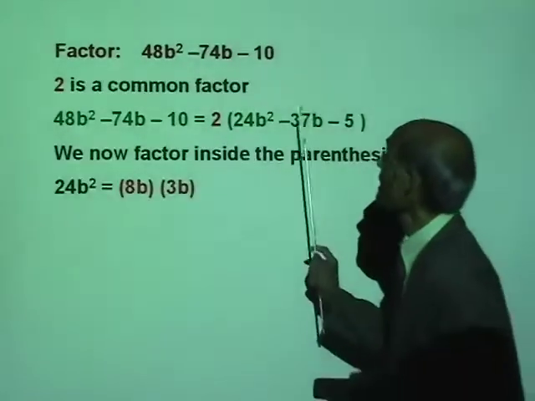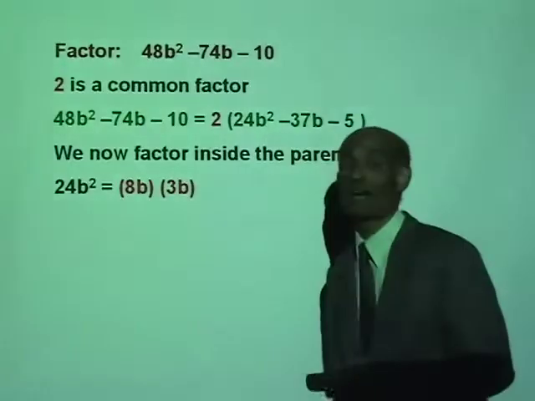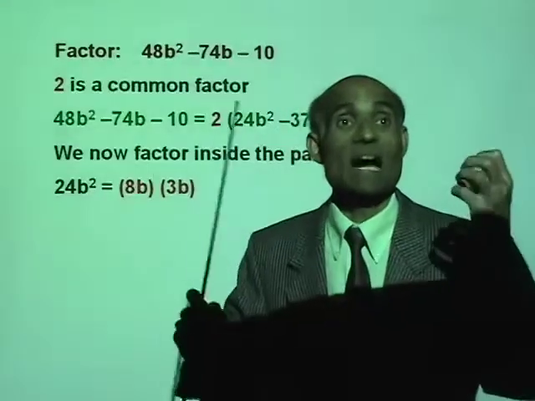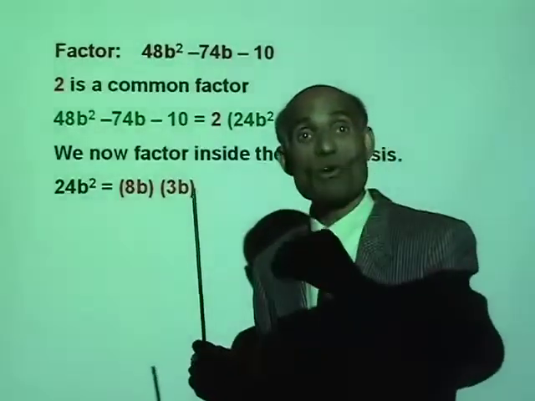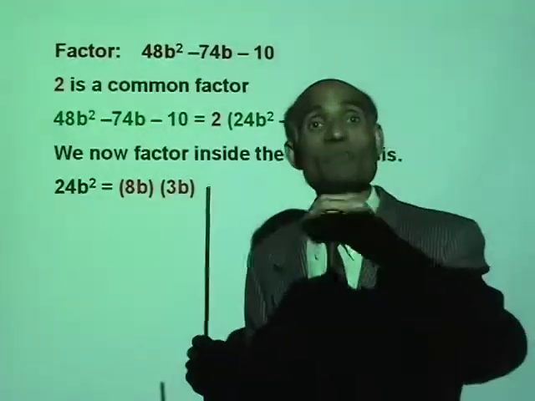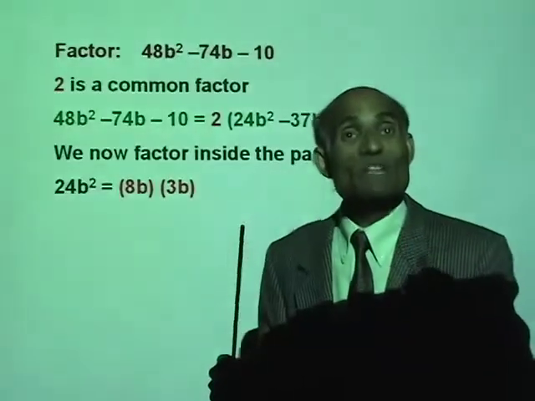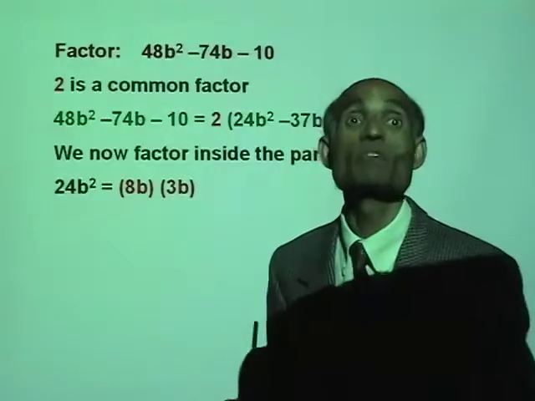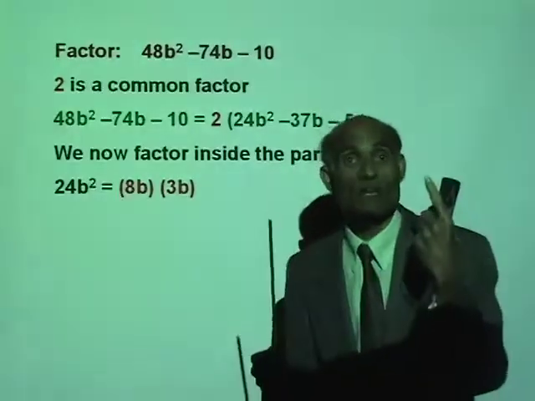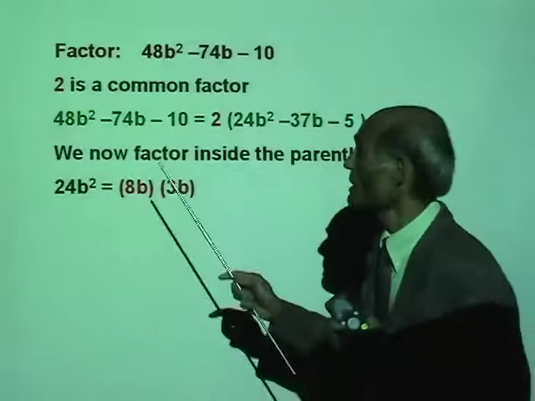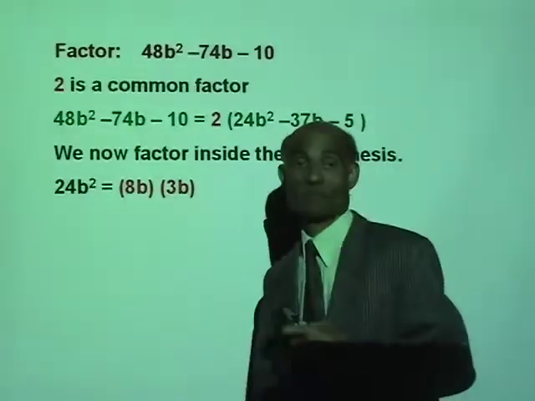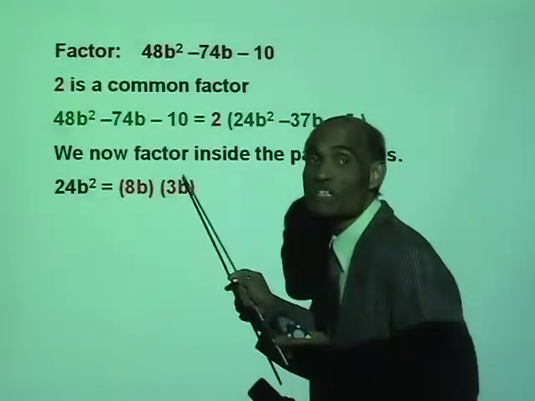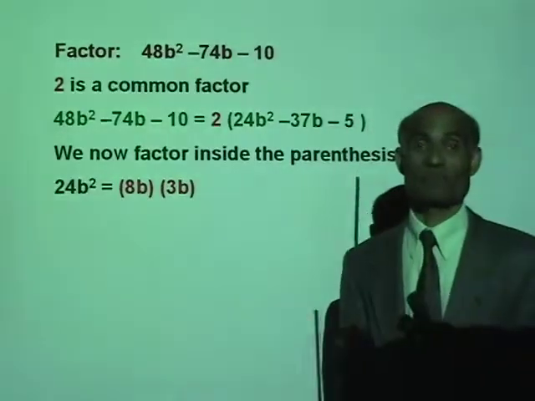We start by factoring 24b squared. Again, 24b squared can be factored as 6b times 4b, 8b times 3b, 12b times 2b. They're all possibilities. Well, we need to start trying one combination. So we will start by looking at 24b squared as 8b times 3b.